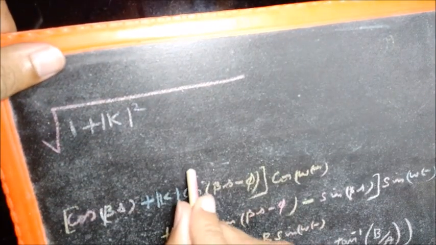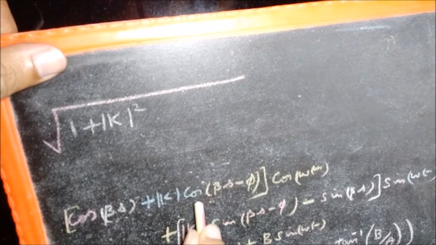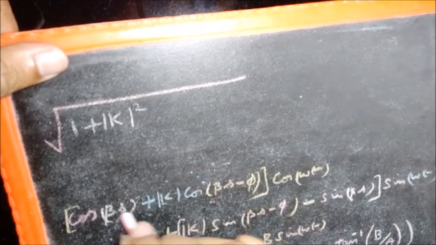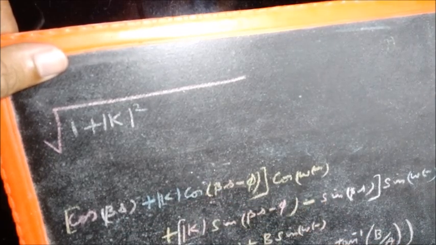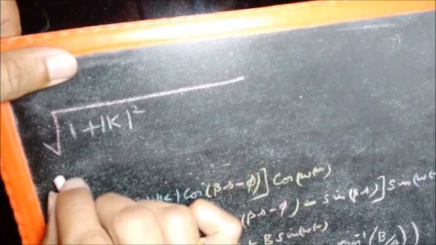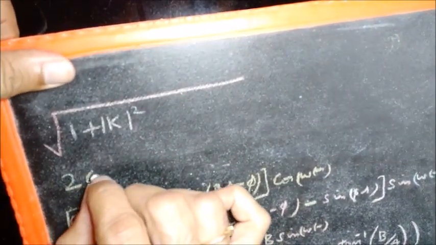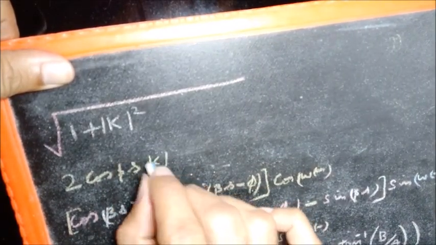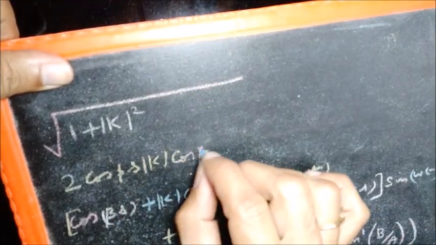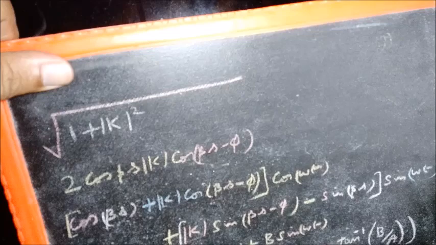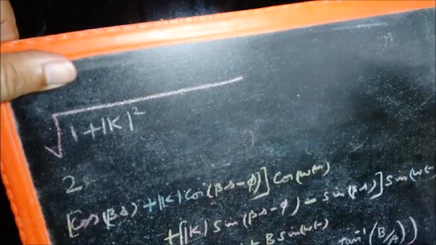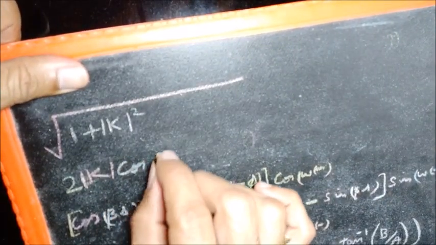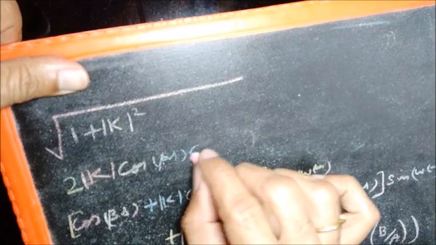and then you will have 2 into this, minus, or rather plus, because minus 2 into this and 2 into this. So that part I will write here, 2 cos beta s times k cos(beta s minus phi). So maybe I can write like this. It will be easier to identify the terms which we have to manipulate later.